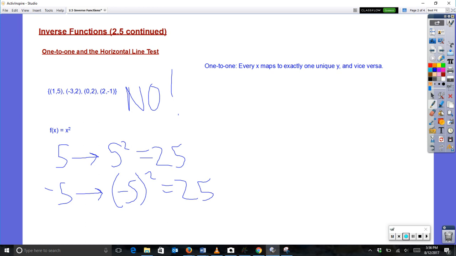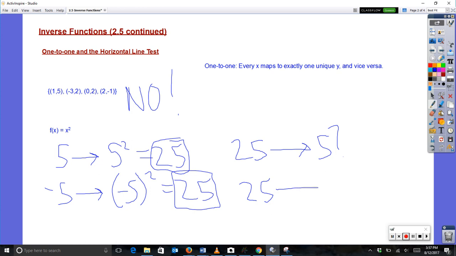So for example, if the result's 25 and we need to work backwards, if we use x squared, there's a problem. Because the question becomes, did that 25 start with 5? Or did that 25 start with negative 5? So we have two different x's giving the same y value. So this one is not one-to-one.